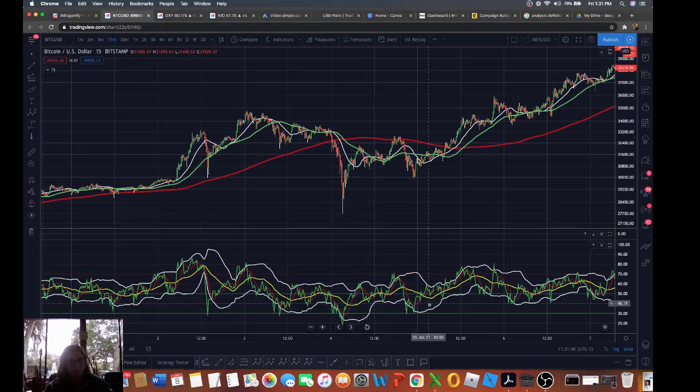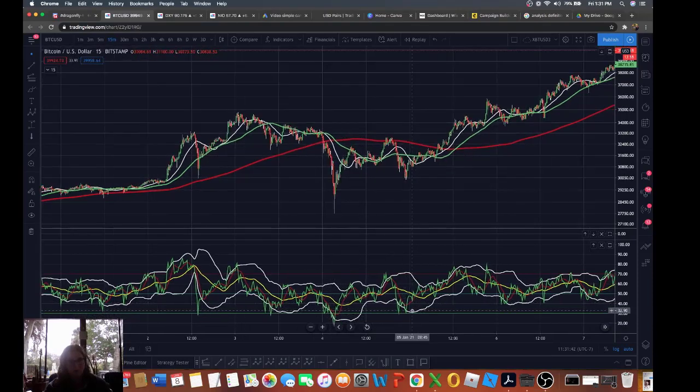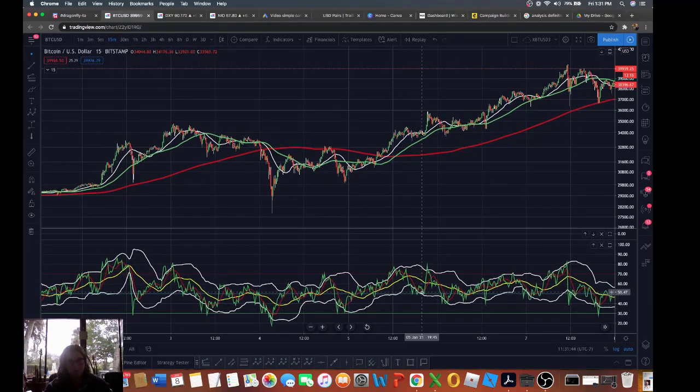Beautiful one right there, beautiful one right there, right here, and every time it came out was another entry to go long. And like I said, you can take the short trades too. This came out of the top. You could have taken it here and rode this short to the bottom till it came out of the band.